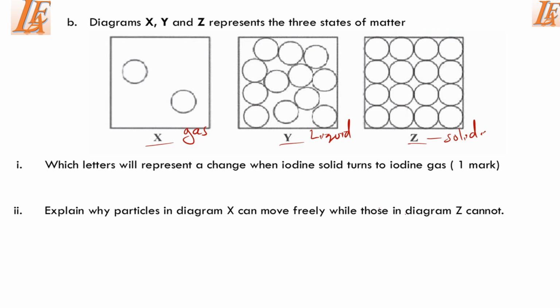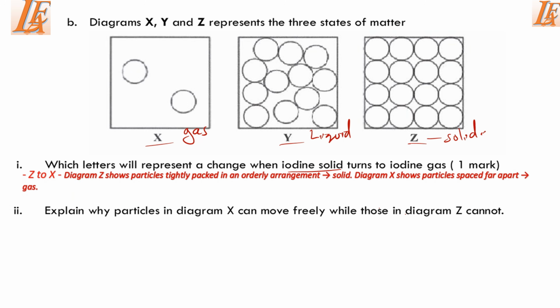Then the first question is, which letter will represent a change when iodine solid turns into iodine gas? Remember, iodine is an example of a substance which undergoes sublimation. Therefore, when it changes from solid to gas, we call it sublimation. So in this case, the letters which represent a change when iodine turns from solid to gas are Z to X. Z moving to X. That is when iodine changes from solid to gas.